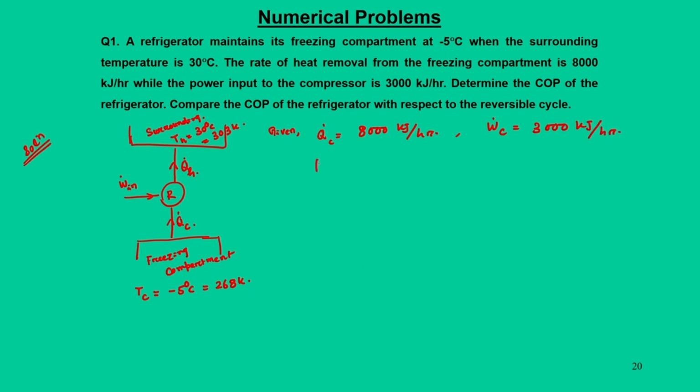So, we can calculate beta, the COP. Beta is simply Q dot C by W dot in. So, it is 8000 divided by 3000. So, this is 2.67.